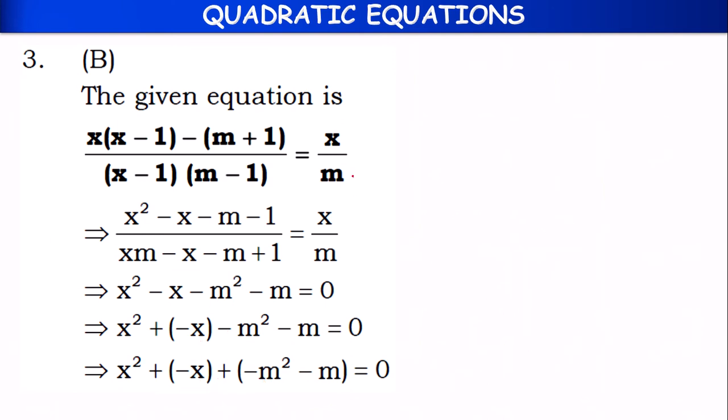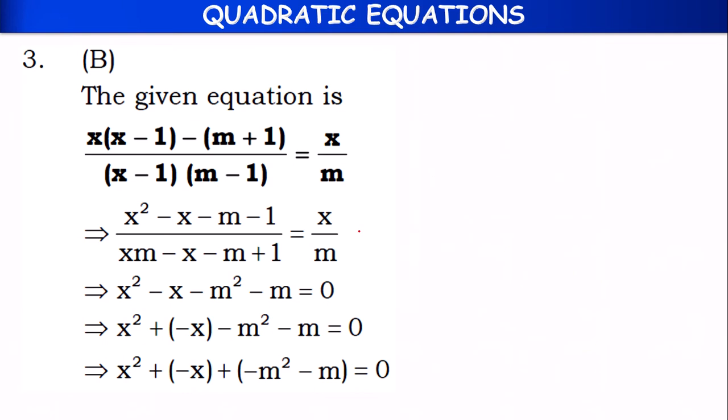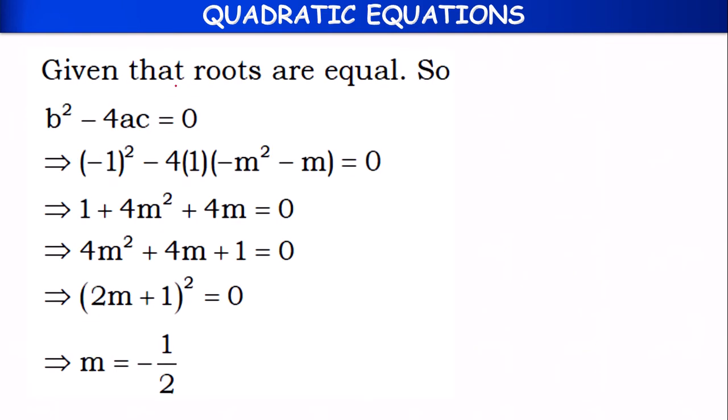So we know that roots will be equal under only one condition, that is the discriminant of the quadratic equation, capital D, to be 0. Then only roots will become equal. So given that roots are equal, the discriminant will be equal to 0.